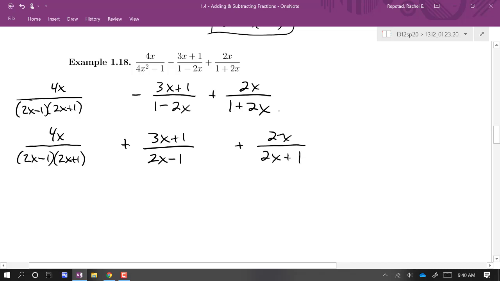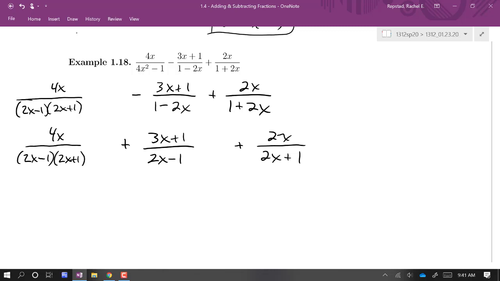And now it's a little easier to see what we need to do. What is our path forward? We got a common denominator.